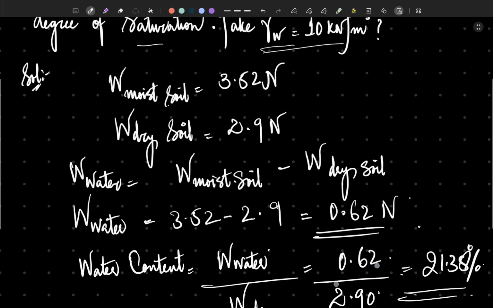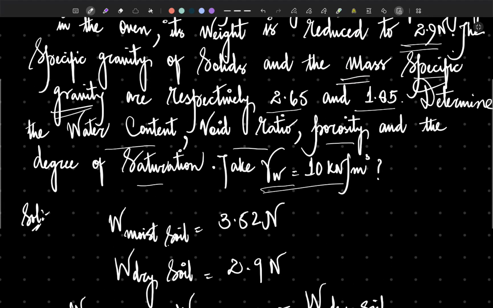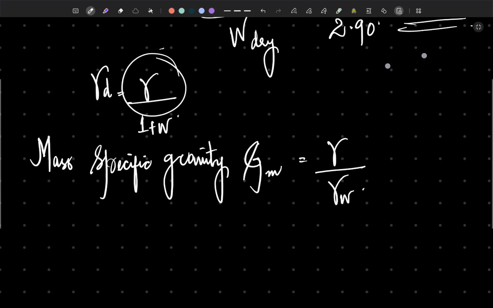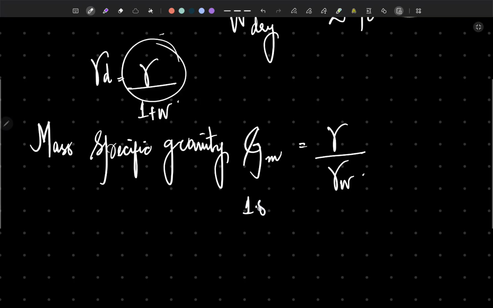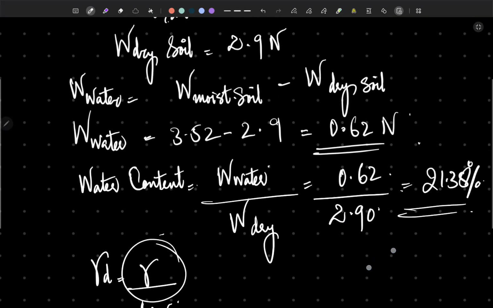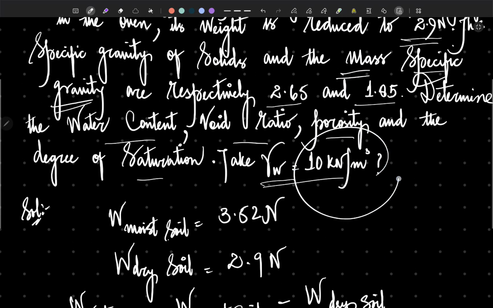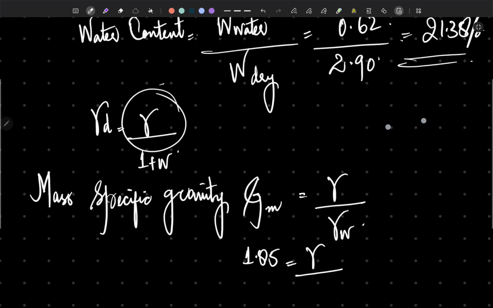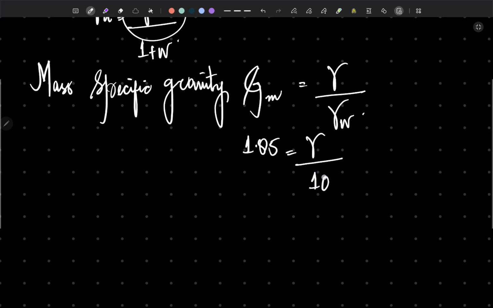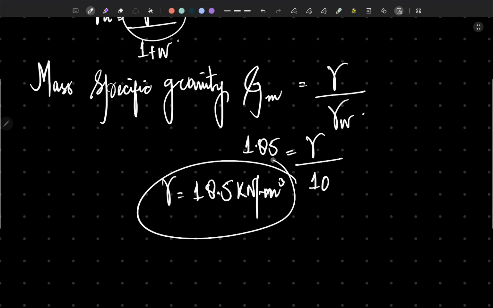Mass specific gravity is 1.85. So 1.85 is bulk unit weight divided by weight of water, which is given in the question as 10 kilonewton per cubic meter. So by expressions, bulk unit weight is 18.5 kilonewton per cubic meter.